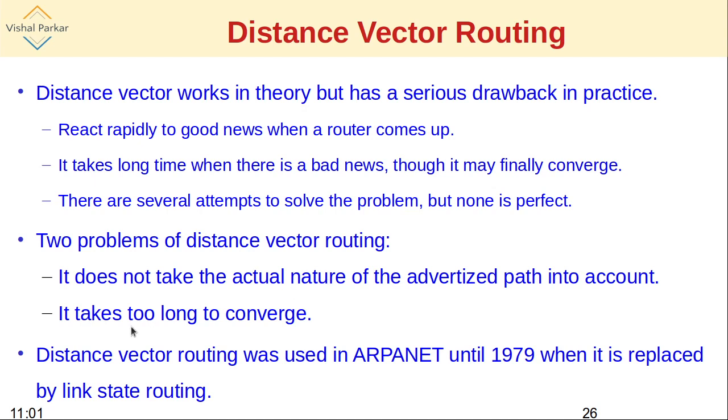And when a particular bad news is there, it takes long to converge. Now, distance vector routing was used in ARPANET, the older net, until 1979. But when a new routing algorithm was found, link state routing, it was replaced by link state routing.